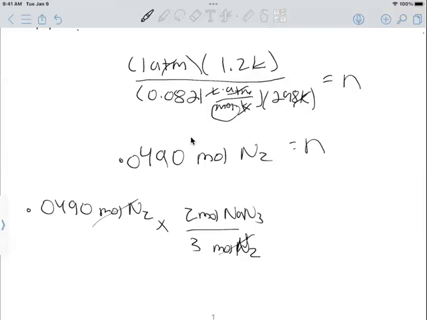Moles of N2 cancels. We get 0.0323 moles NaN3.